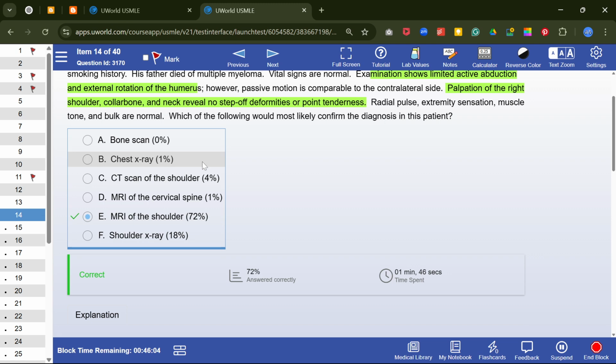If there is pain in abduction and external rotation, it is rotator cuff tendinopathy. If there is limited abduction or weakness in external rotation, it is a rotator cuff tear, and for a tear we need to do MRI.